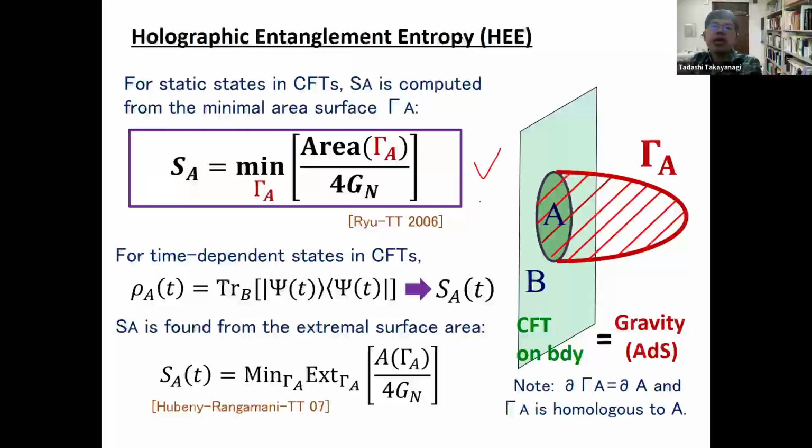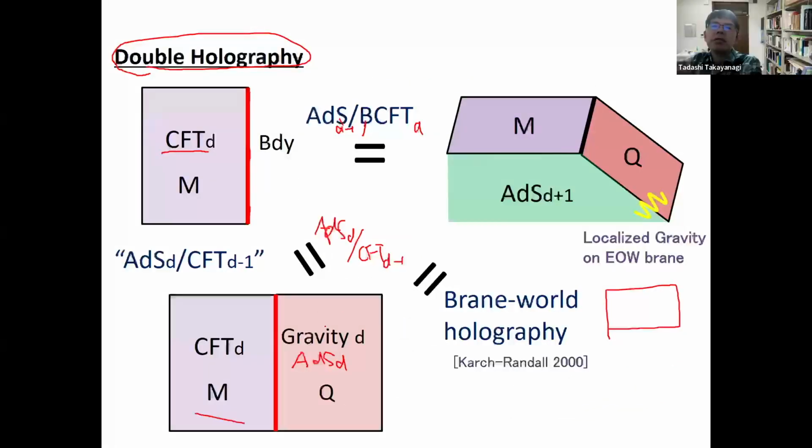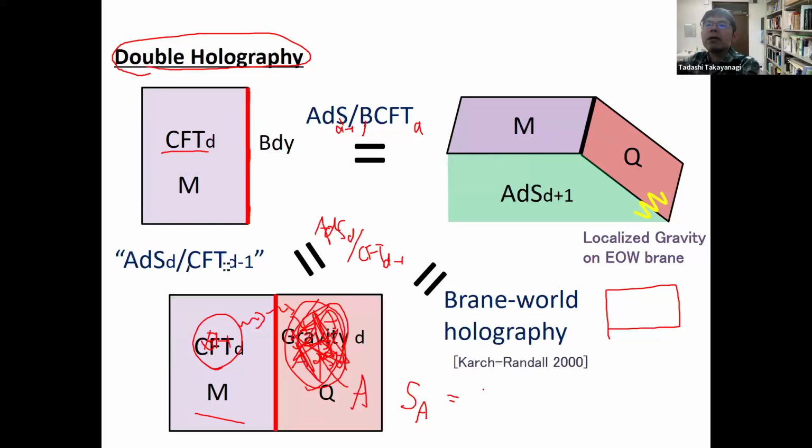We take a subsystem A, and here is a black hole. The black hole radiates, there is Hawking radiation, and it is captured by an observer who sits in region A. We want to compute the entanglement entropy for this region A. To do so, not only do we calculate the naive quantum field theory entanglement, we have to take the island formula.